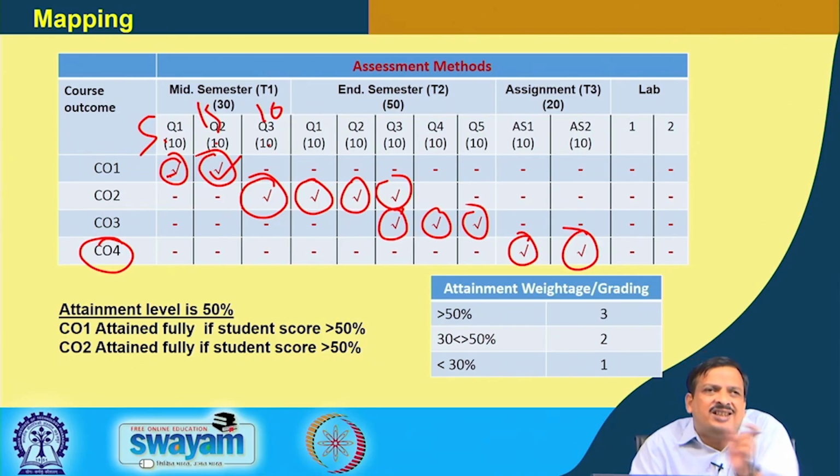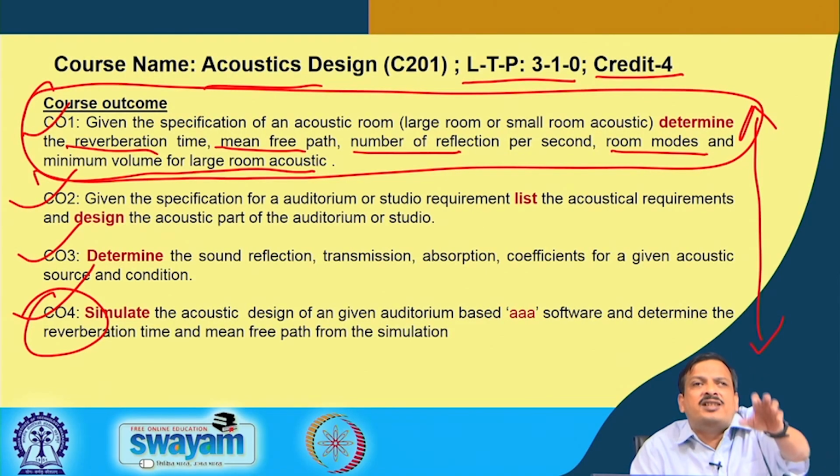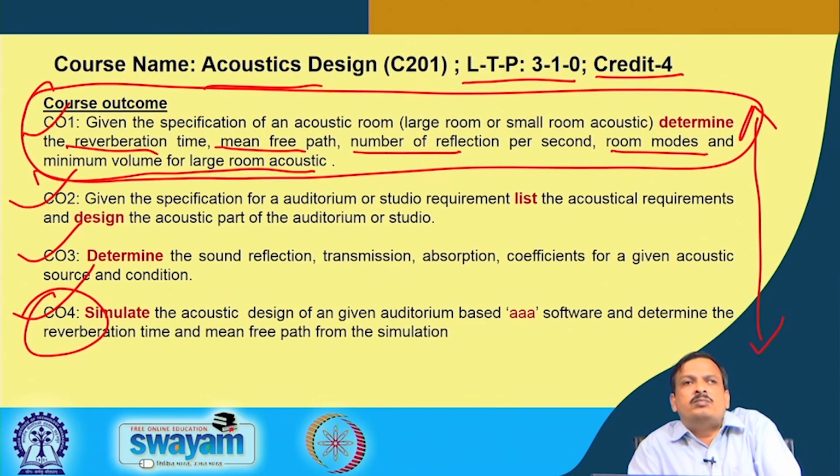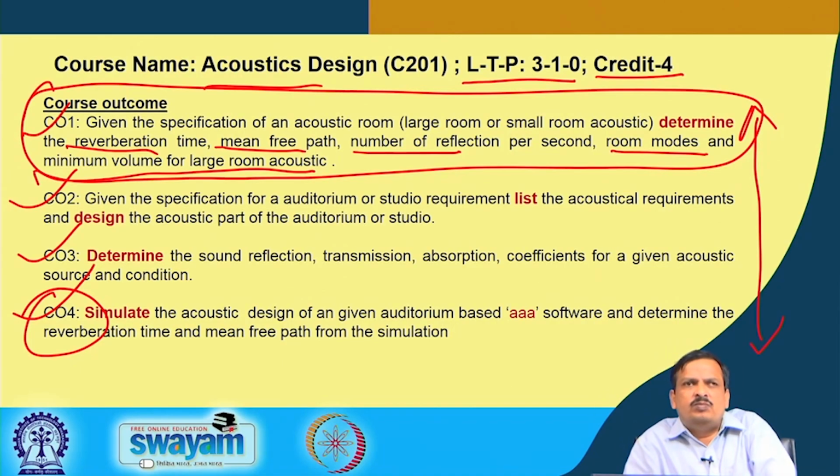Now, suppose you design a question, determine the reverberation time for this acoustic room. You can say if a student is able to answer that question, CO1 is attained towards PO1 and PO2.